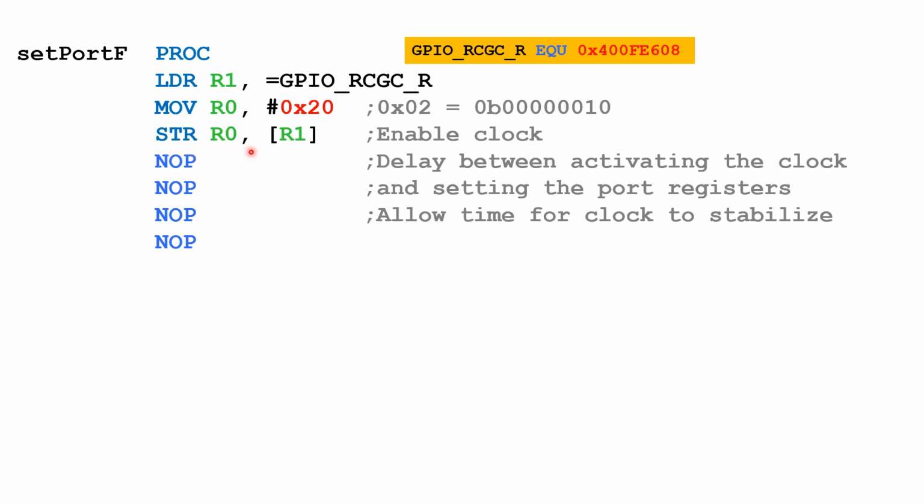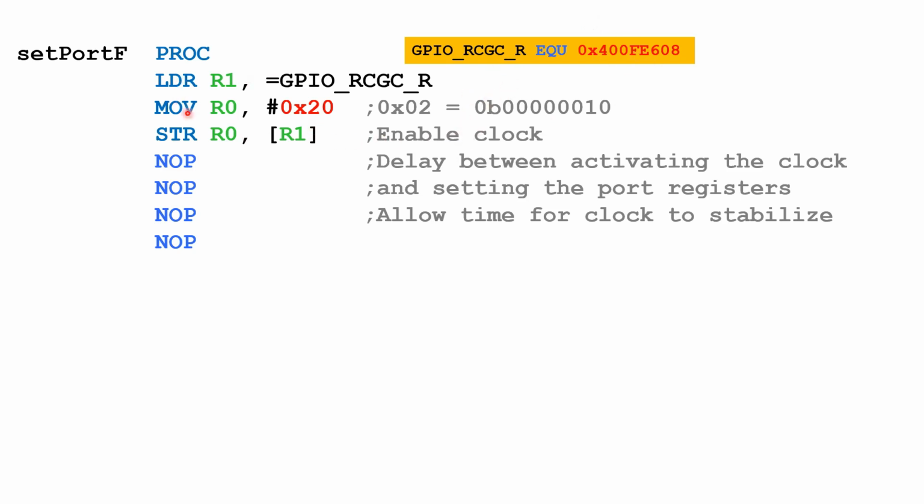What this does is it stores the contents of R0 into the address pointed to by R1. So where is R1 pointing to? It's pointing to 400FE608. So it will store the contents of R0, which is 20 hex, into this address.